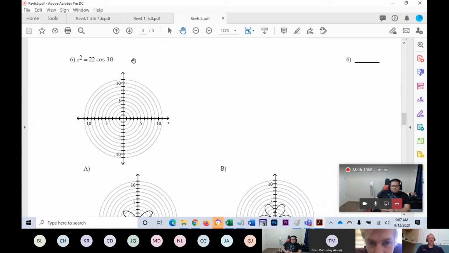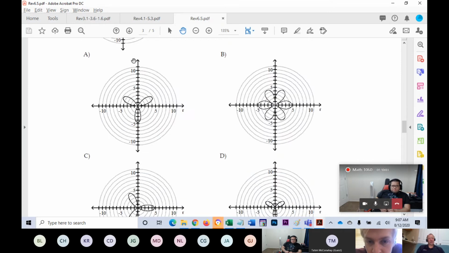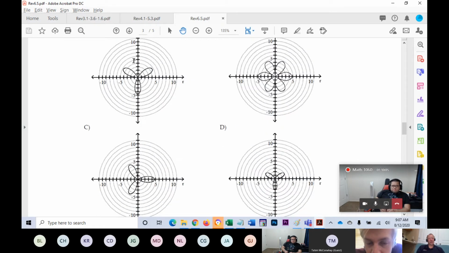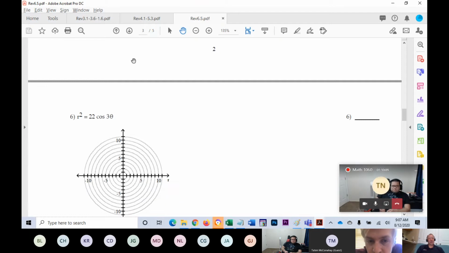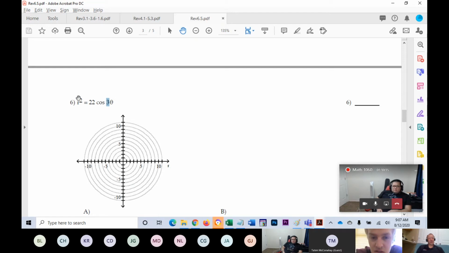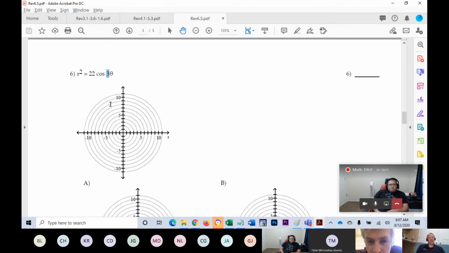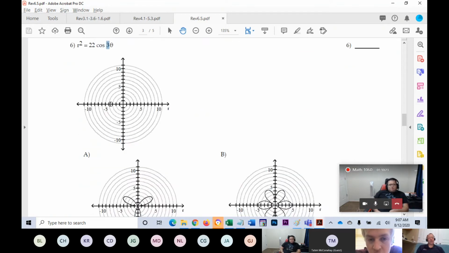So I was thinking it's going to be rose petals because you got 3, right? Right. And it was an r squared. So why is it r squared? It's got to be 3 petals.